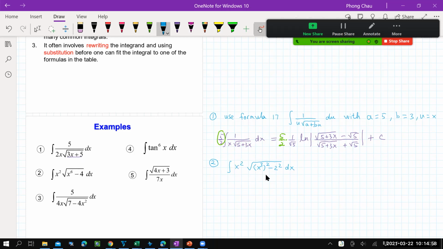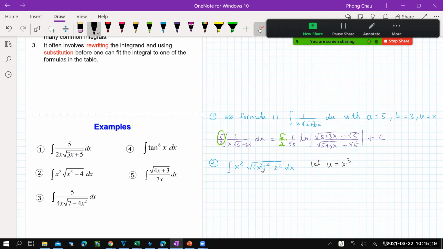So in order to apply the formula, you need a substitution first. Let u be x cubed.